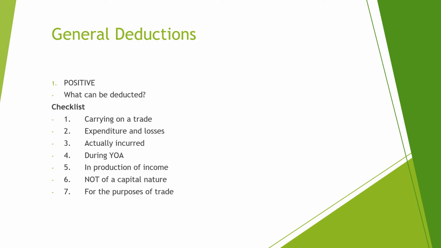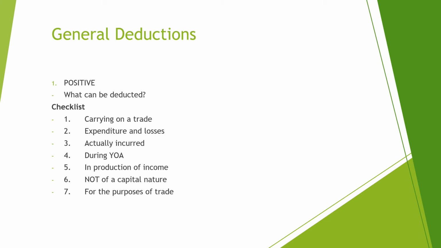However, if you bought the furniture to be sold to the client, then you can deduct it because it is your trading stock. It is what you are in business for. So you can add it. That's how you can differentiate between whether the asset is of capital nature or not. It should be in production of income.